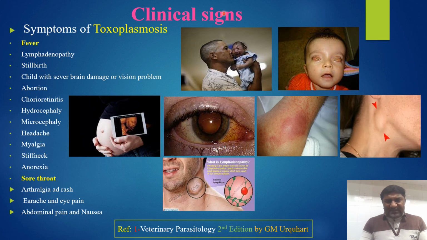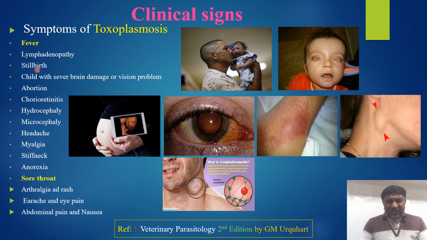So, clinical signs. You can observe it is a very dangerous disease. Symptoms of toxoplasmosis are fever and lymphadenopathy, which you can observe in this picture and also in this picture.